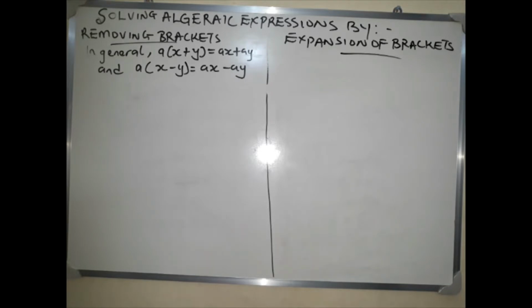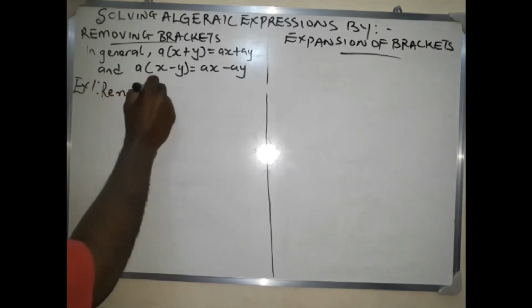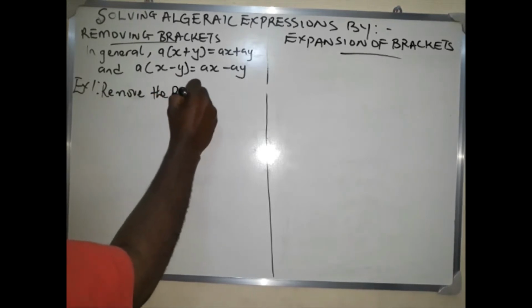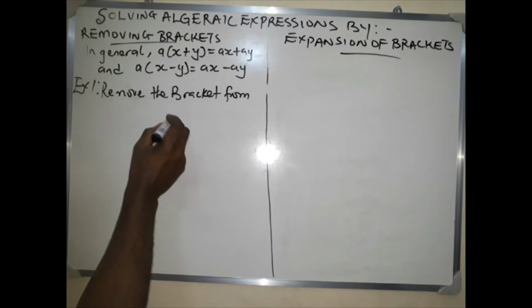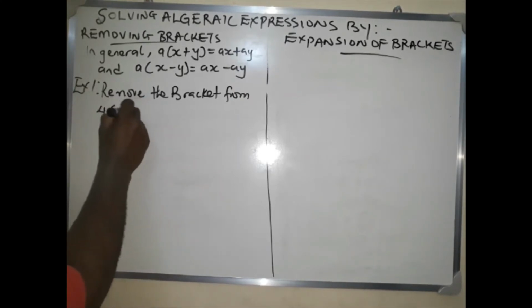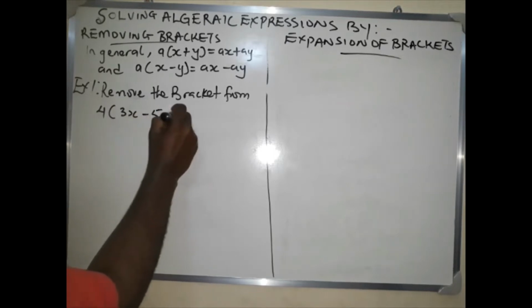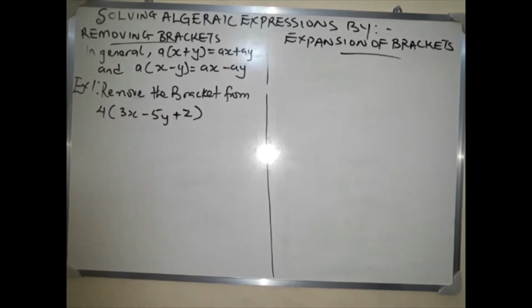Now, let's look at some examples here. Let's call this example 1. It says remove the bracket from 4 bracket 3x minus 5y plus z.